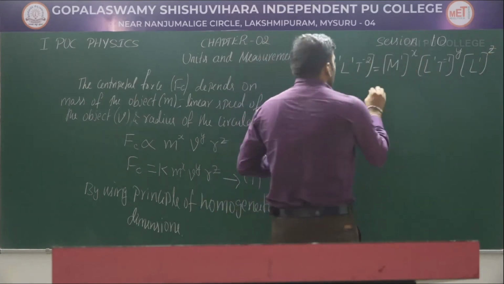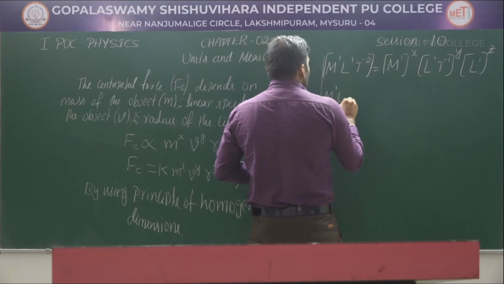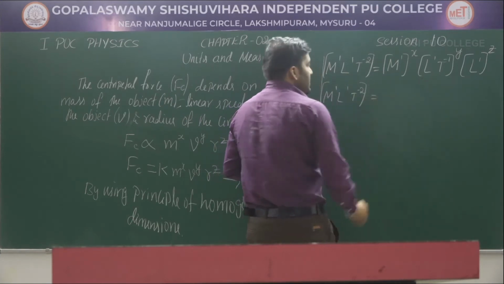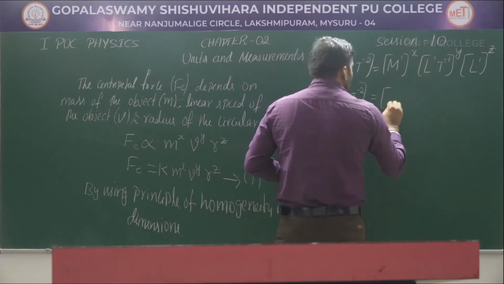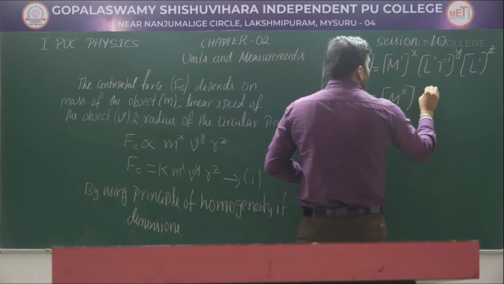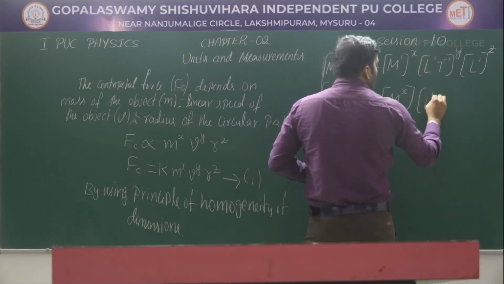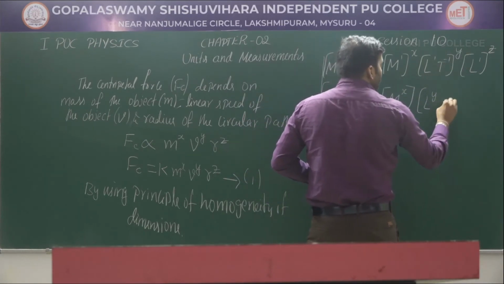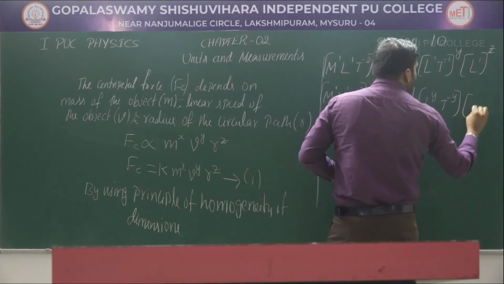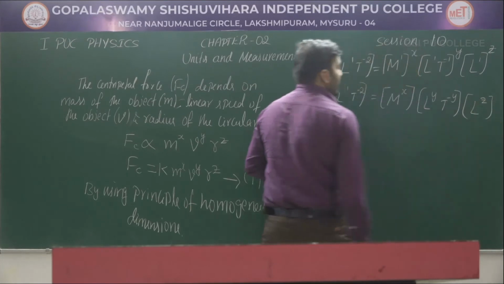Now the next step, let us write m power 1, l power 1, t power minus 2 inside the square bracket, which is equal to, let us write it one by one. This is m power x, 1 into x is m power x, and this will be l power y into t power minus 1 into y is minus y. Next, this into l power 1 into z is l power z.